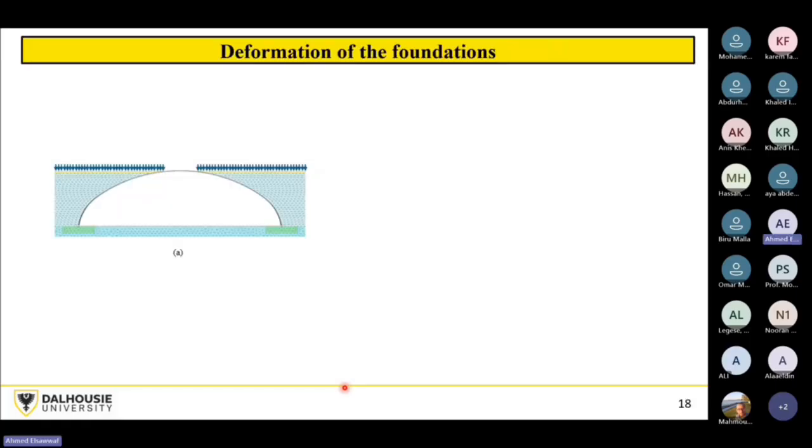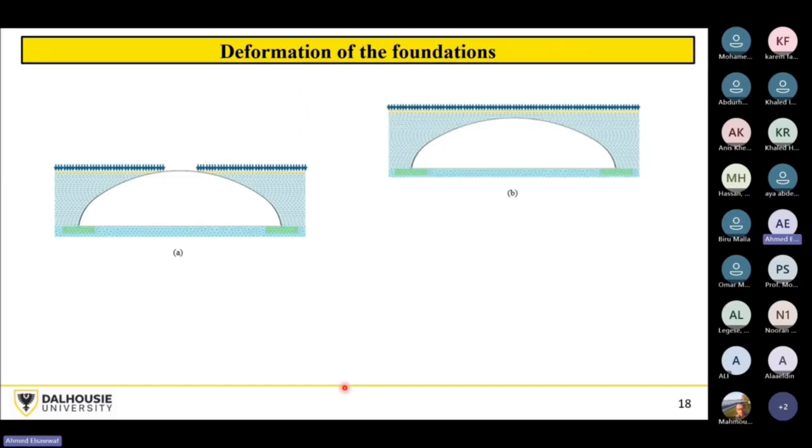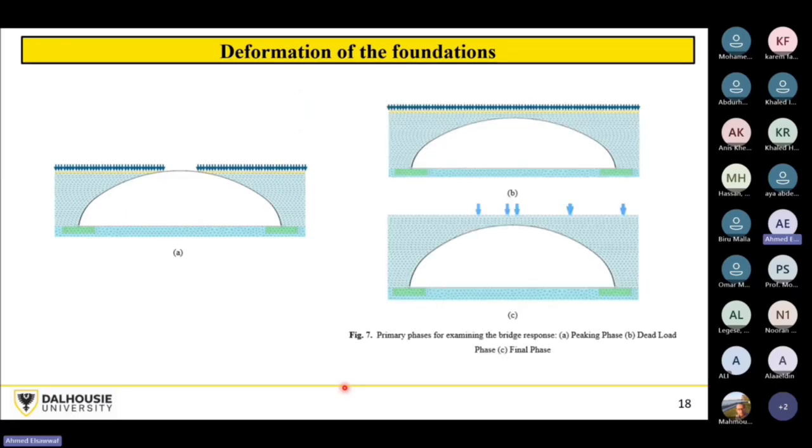Okay, so going into the results, before presenting them, I would like to show you the governing phases during the construction, these two. This one is called the peaking phase, because I told you that this crown is peaking upwards during the construction and compacting of the backfill.